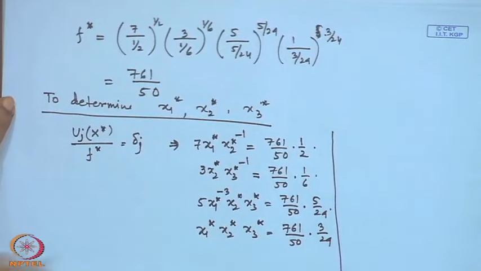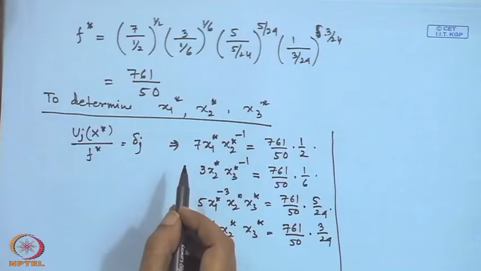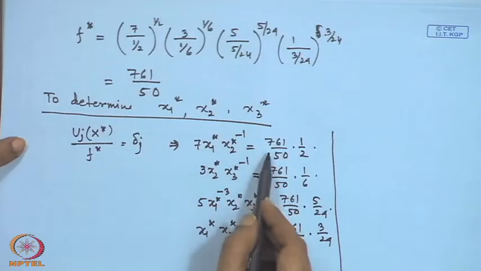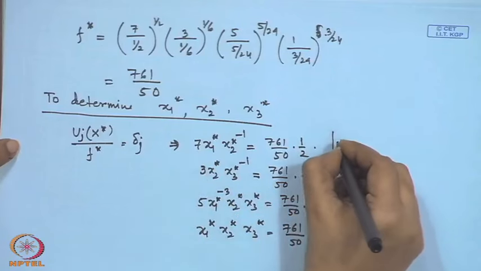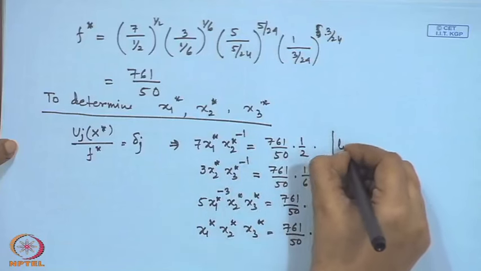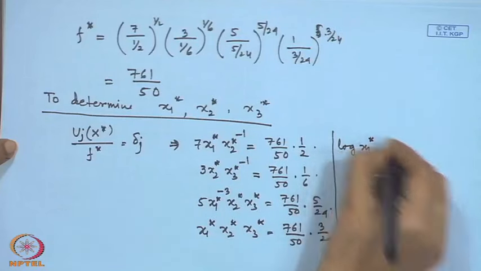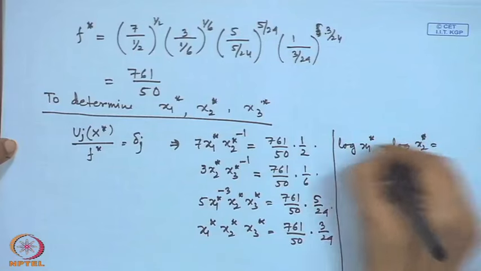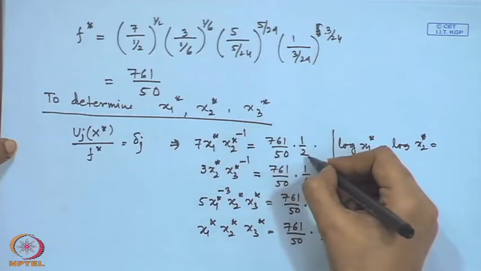The process tells you that just take the logarithm in both sides. Once you are taking the logarithm in both sides, then what we get? Just take 7 this side, then we get log x1 star minus log x2 star is equal to some value, say this divided by 7.